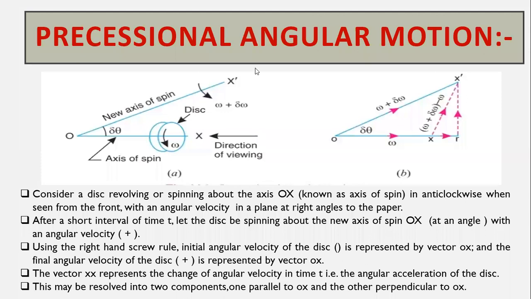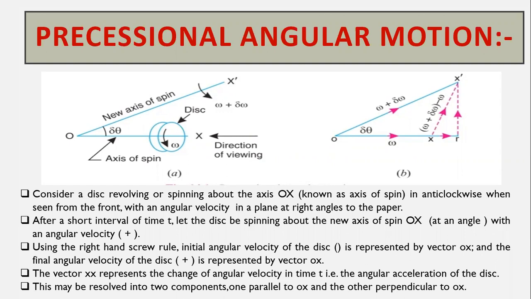Next one is the precessional angular motion. So in the precessional angular motion, we are taking the rotating disk as an example in the axis of spin. So we are taking the disk and inserting it in the axis of spin, that is in the OX direction. So when it is made to rotate with some speed in the anti-clockwise direction, it can be moved, that is one end of the axis is fixed and the other end is a free end, that is a cantilever end.